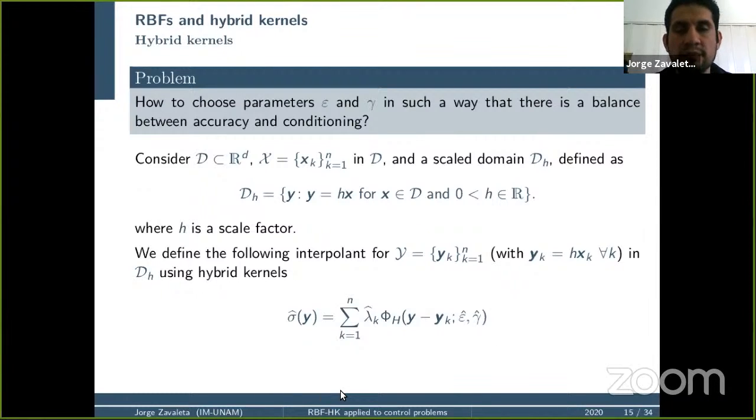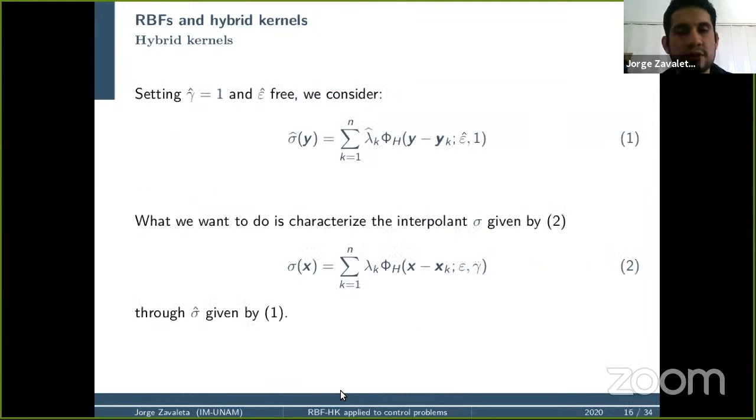Here I'm going to avoid polynomials to simplify the notation, but it's also valid in this setting. I'm also going to set one of the parameters, the gamma parameter, equal to 1, and leave the other one free. What we want to do is to characterize the interpolant sigma, which I am interested in, by means of this other interpolant.